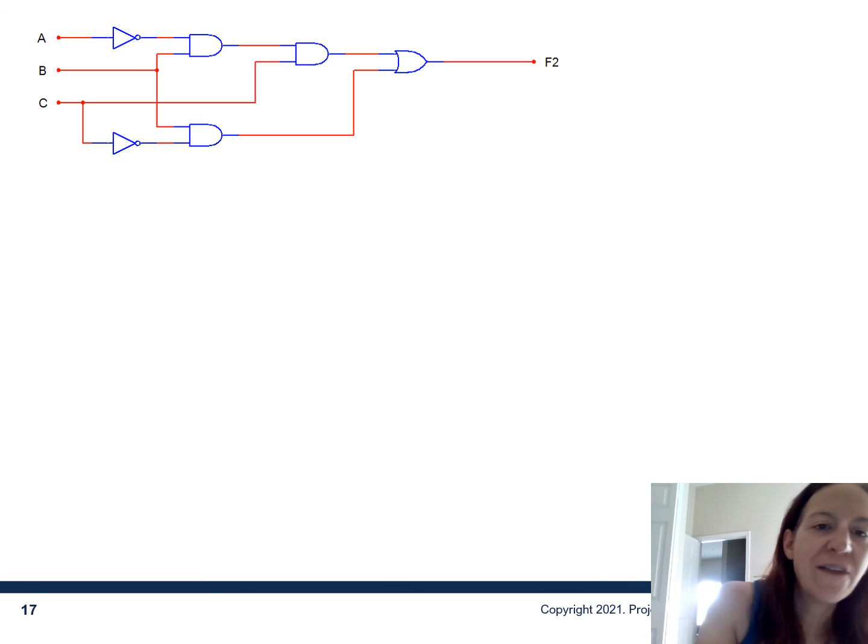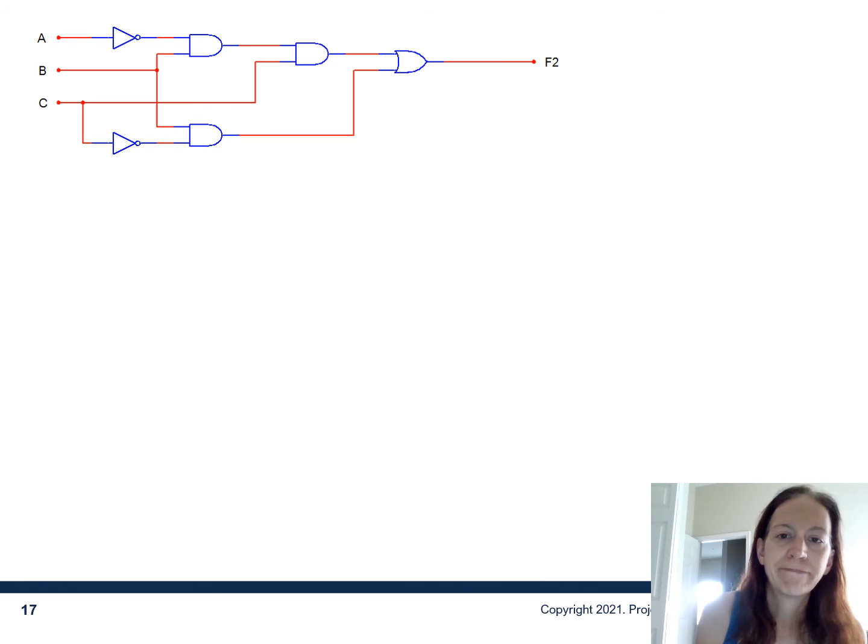Okay, so we have A. If A goes through the inverter, that becomes A bar. And in my AND gate here, I'm ANDing A bar with B, and so that is expressed as multiplication.